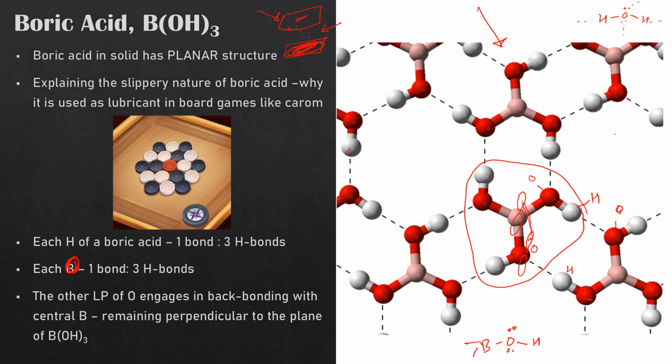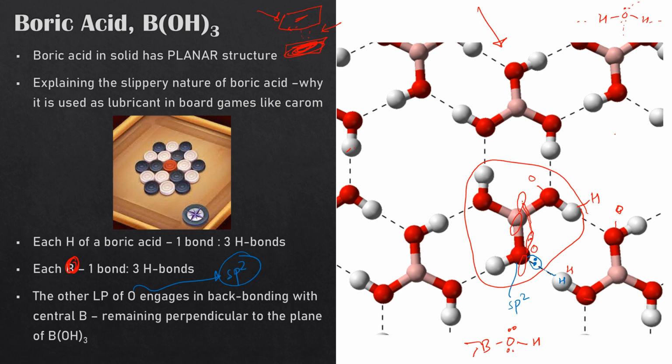The only other lone pair of this oxygen, which was present in the same plane, was forming a hydrogen bond with another hydrogen. Because oxygen in boric acid is sp2 hybridized, one lone pair remains in the plane and the other lone pair becomes perpendicular to the plane. That sp2 hybridization of oxygen explains everything about the structure of boric acid.